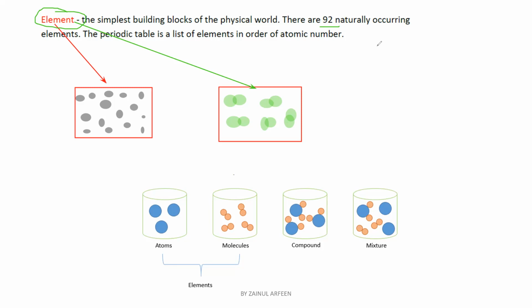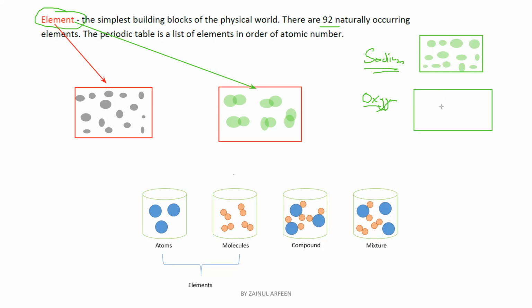For example, if I say sodium, sodium is an element. Oxygen is an element. In sodium, there are identical atoms, and in oxygen, identical atoms are joined together to form a molecule.